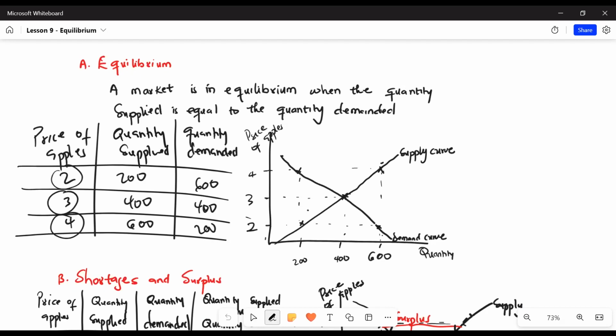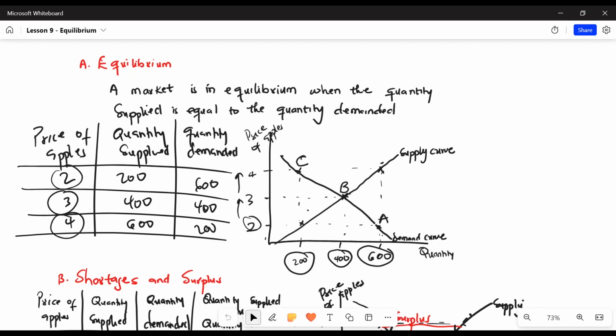When price is 2, quantity demanded is 600, represented by point A. When price increases to 3, quantity demanded is 400, represented by point B. When price increases to 4, quantity demanded is 200, represented by point C.